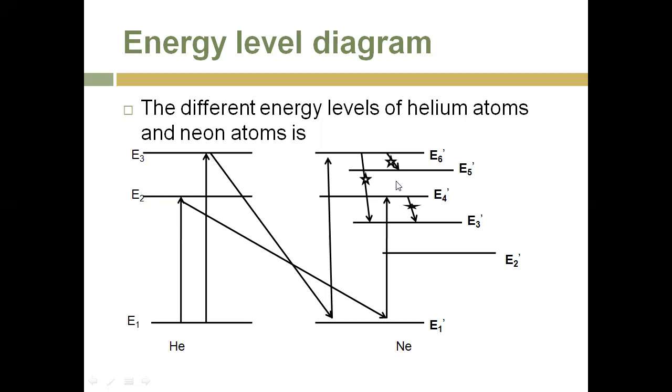So population inversion will be created between E6 to E5, E6 to E3, and E4 to E3. Three different transitions can happen here because population inversion is created between three different sets of energy levels: first E6 to E5, second E6 to E3, third E4 to E3. E6 and E4 are metastable states.